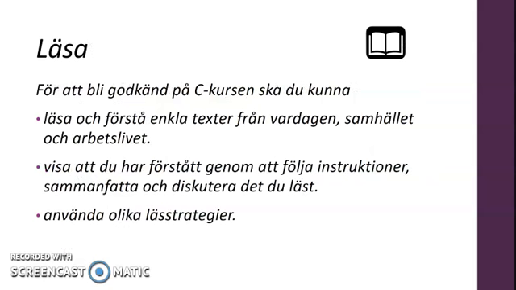Reading comprehension. To pass Course C, you have to read and understand simple texts about everyday life, society, and working life. You show that you understand by following the instructions, summarizing, and discussing what you read. You should be able to use different reading strategies.